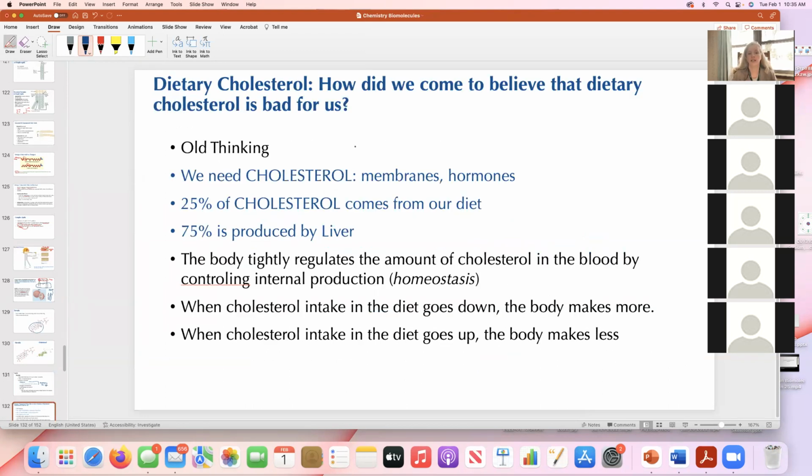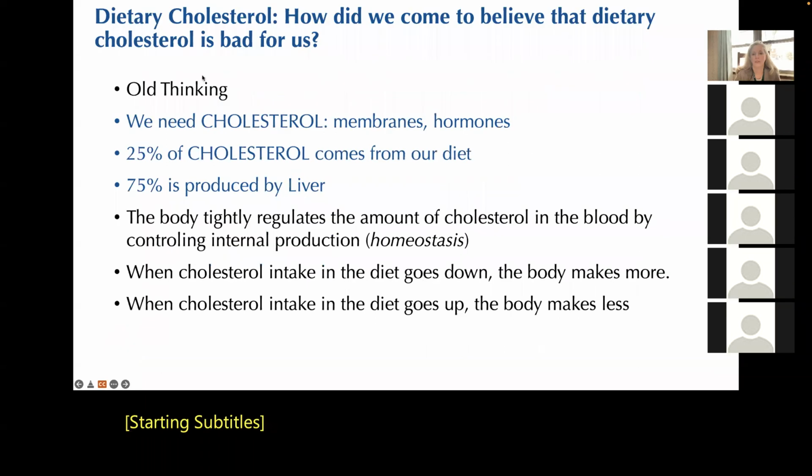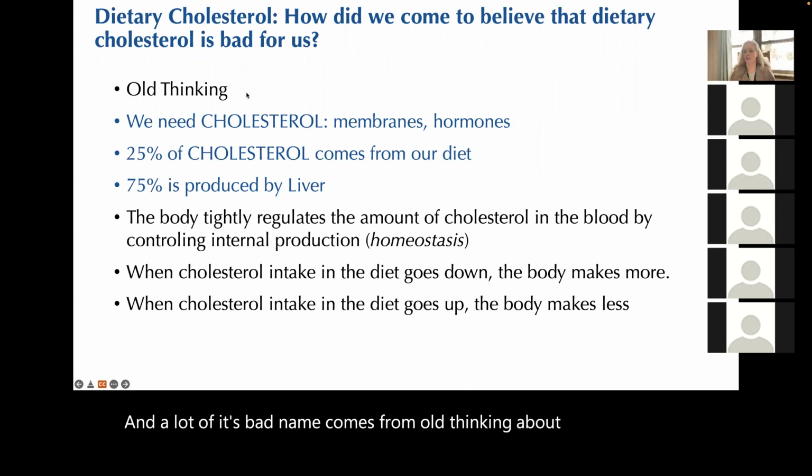All right, so dietary cholesterol, I just said it's a necessary component of every cell membrane of your entire body. Why does it have such a bad name? A lot of its bad name comes from old thinking about cholesterol. They would see the cholesterol in the people who'd had heart attacks.